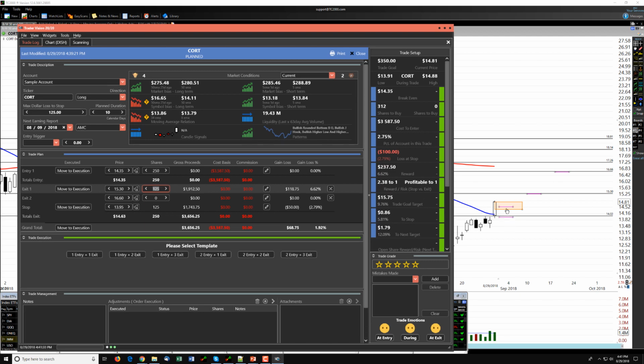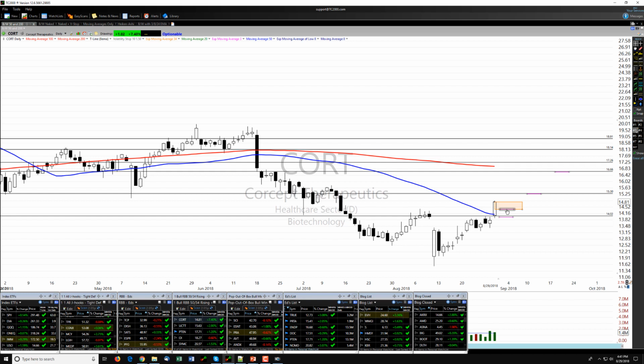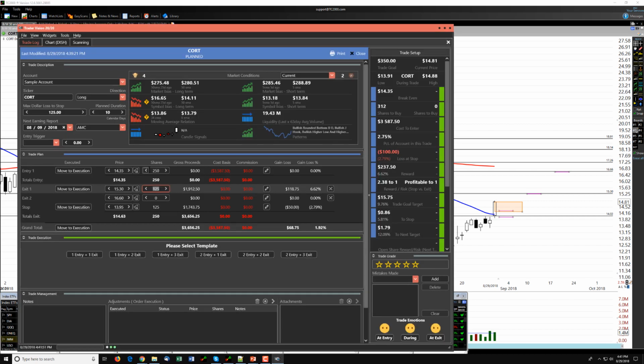So I need to see it pull back probably pretty close to that, actually just below it. If I could get something like a pullback tomorrow into this area and bounce, show me a signal there. I don't want to be buying a falling knife. I want to see a signal there. But if I were to get that, then you could get your 2-to-1. You would make $237 at the first target.